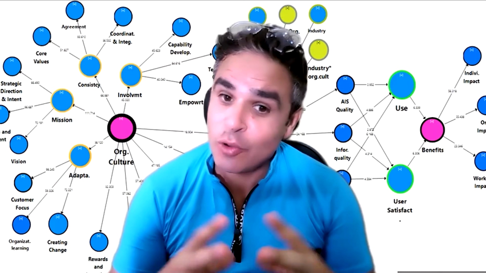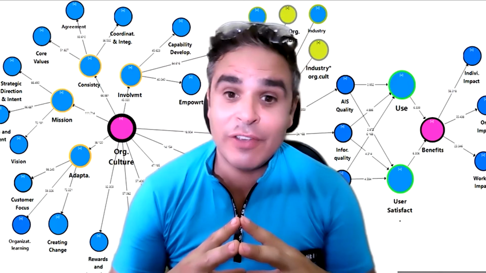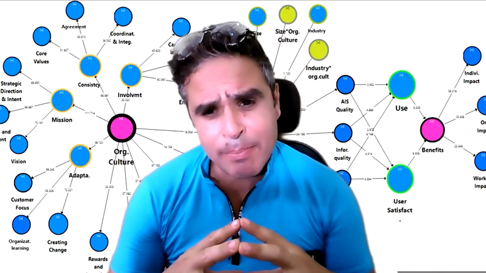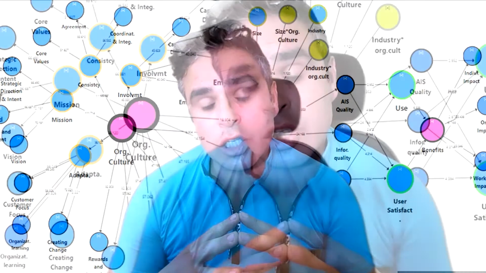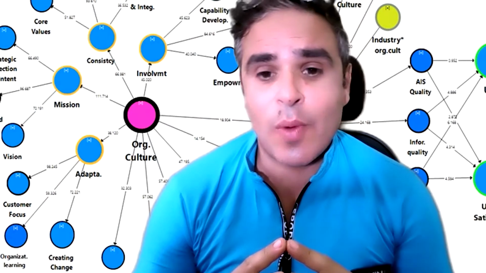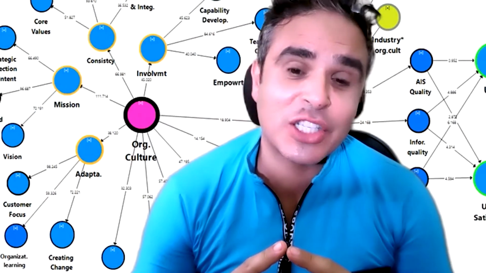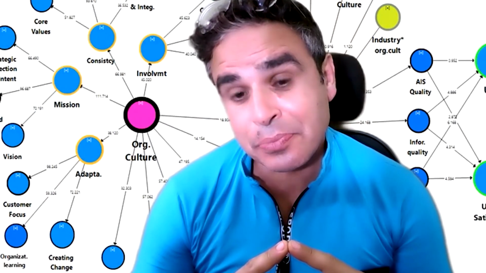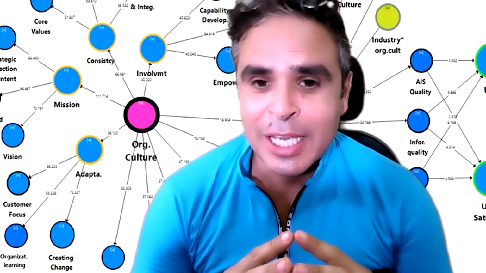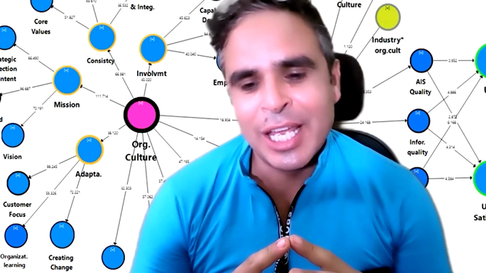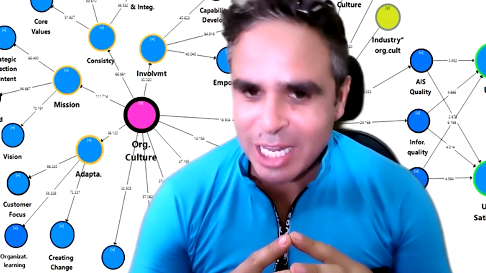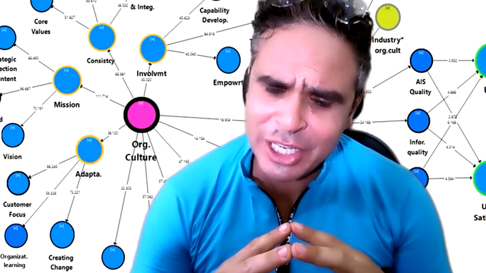I showed you in video number 14 how we calculate R squared, the meaning of R squared, and the significance of R squared, etc. In this video, number 15, we are continuing with the structural model assessment.